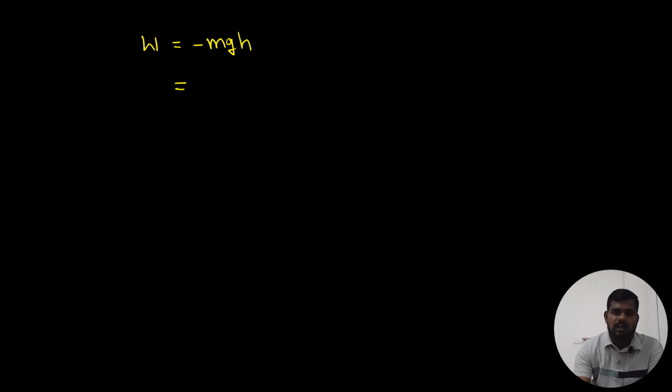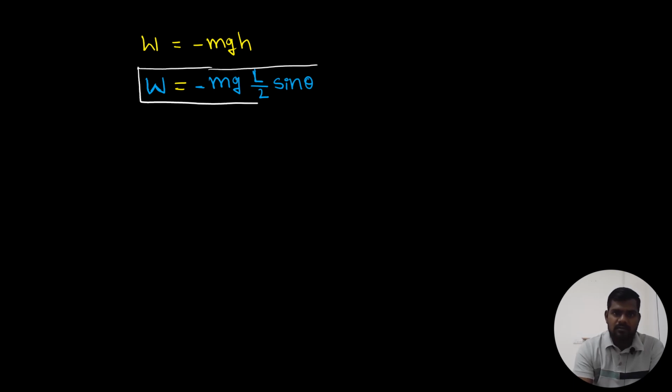In place of h I found L by 2 sin theta, so W is equal to minus mg L by 2 sin theta. This is the work done by the gravitational force if you take the ladder against the vertical wall in this case. Thank you so much.